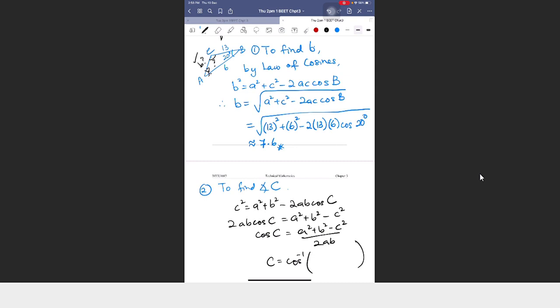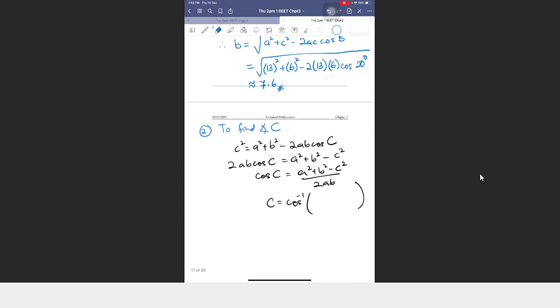You have to rearrange correctly, then you can get the right answer for C. I want to use the law of sine because it is much easier. Again, as I said, it can be done using the law of cosine, you just need to rearrange.